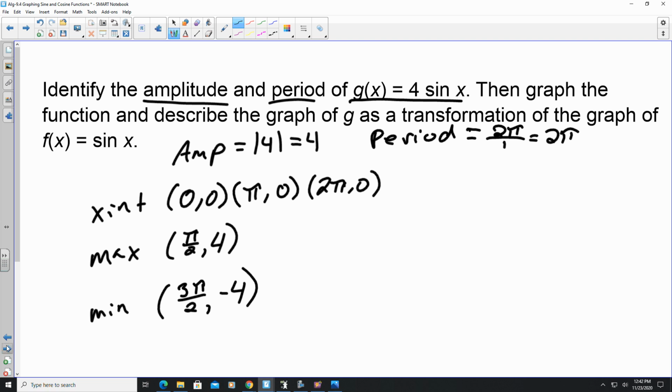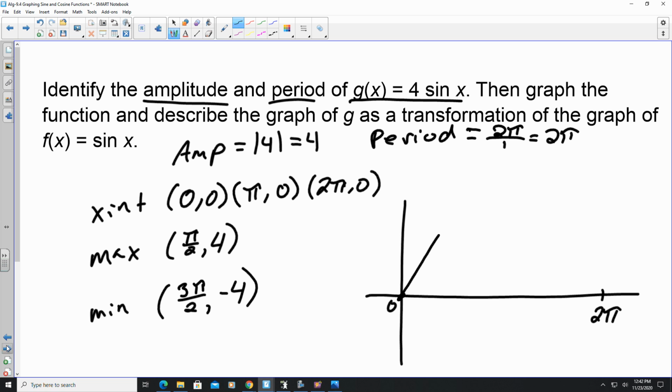All right, so if I graph these, I have my 0 right here, and I'm going to go 2 pi right here. It starts off at 0, 0, and it moves upward, so it's going to look something like this, and then I'll just stop. This is 4, this is -4, and right here is pi.